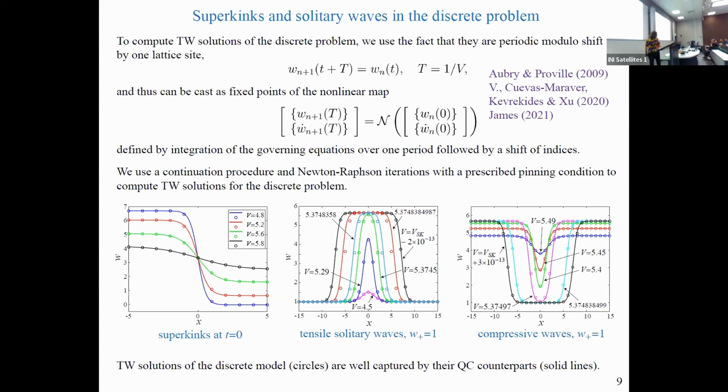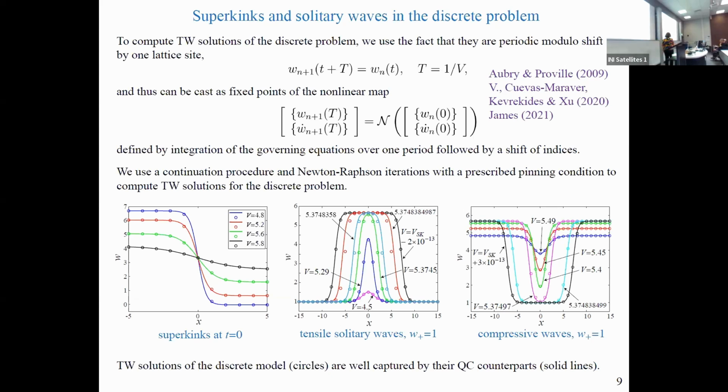And so we can look for the solutions as fixed points of the corresponding nonlinear map. So basically, you prescribe the initial conditions, you resolve your governing equations, obtain the corresponding solution, and then shift the indices, and iterate until you get the solution.